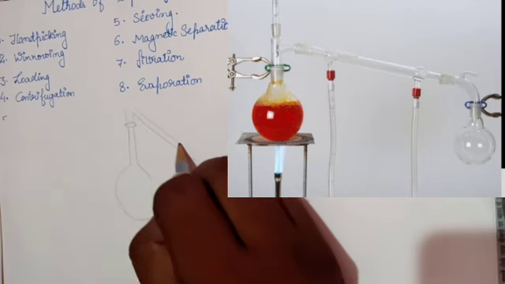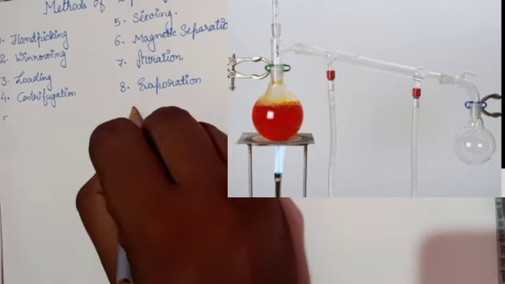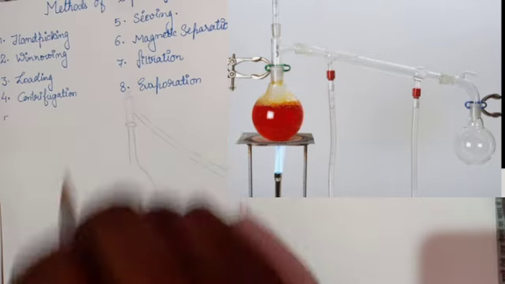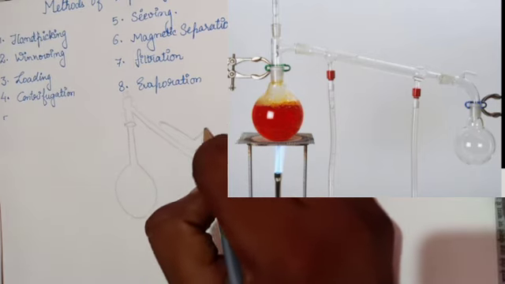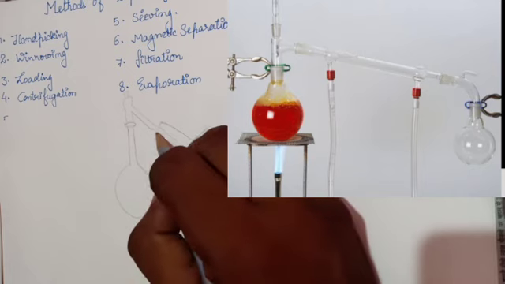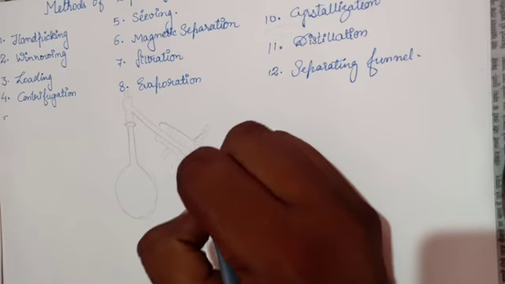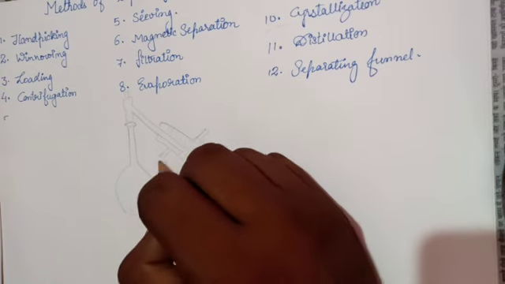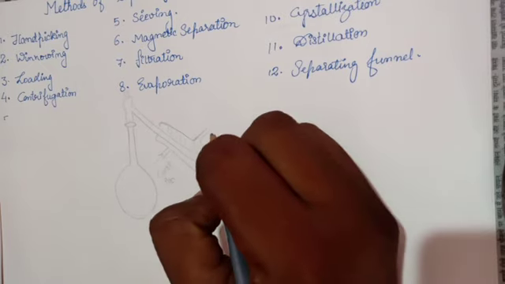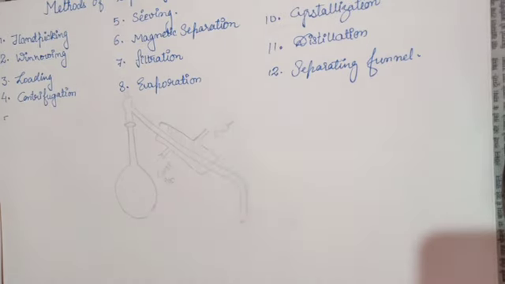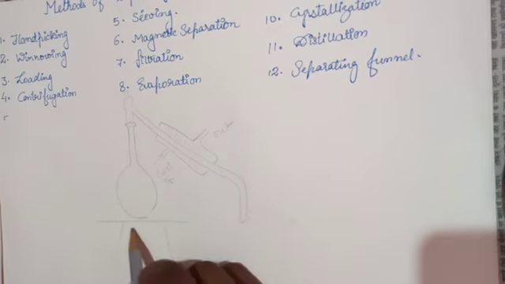It is a kind of round flask that has an opening connected to a condenser, and this condenser is basically of cool water. The cool water enters from here and goes out from here. We place this onto a Bunsen burner.